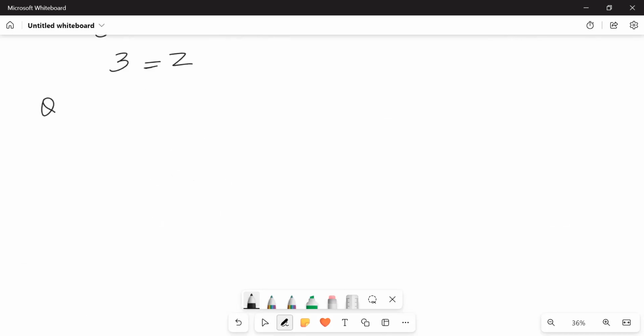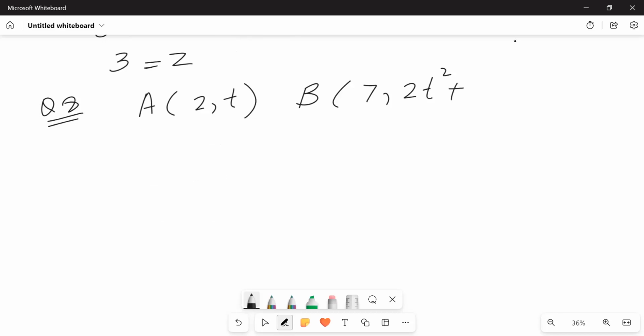Now question number 8. The line joining the points A, B has a gradient of 2. Find possible value of t. Here A point is given, that is 2 and t, and B point is given, that is 7 and 2t square plus 7, and gradient is given 2.